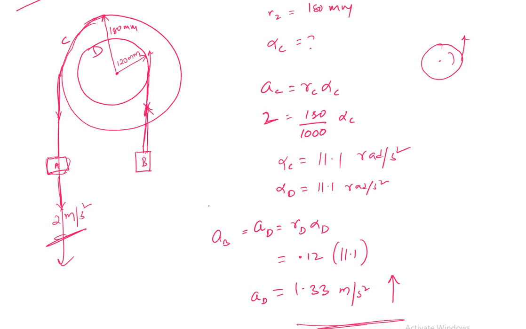So that's why this is the acceleration of D. The point to recognize here is that the velocity of the rope or the block is actually the linear velocity or acceleration of this pulley. In the same way, the linear velocity or acceleration of D is the linear velocity or acceleration of block B. That's the only point to understand here.